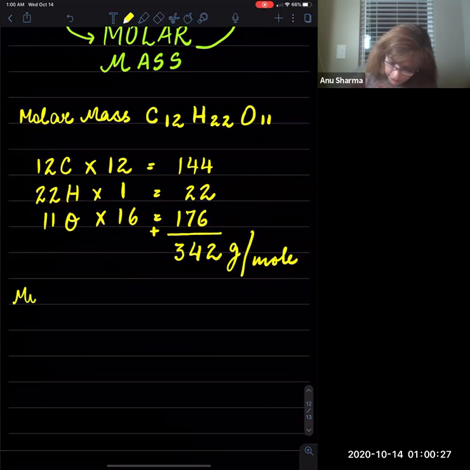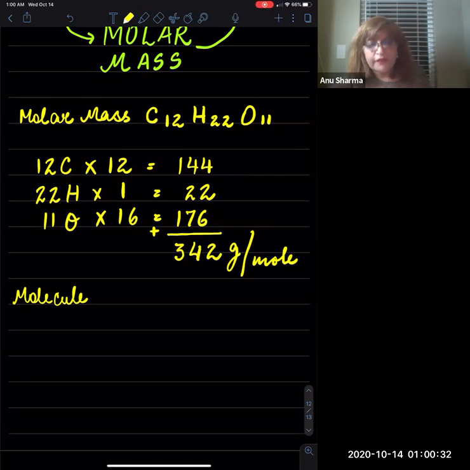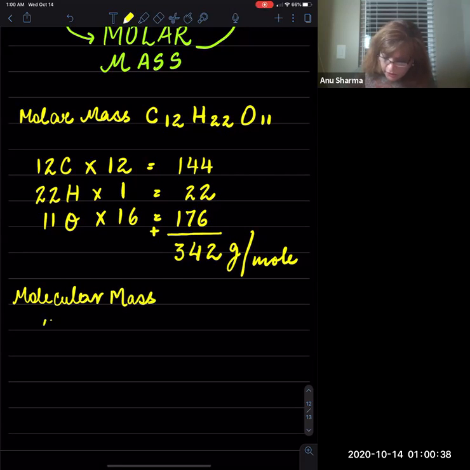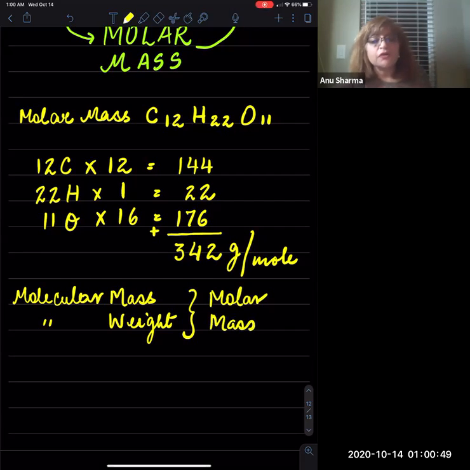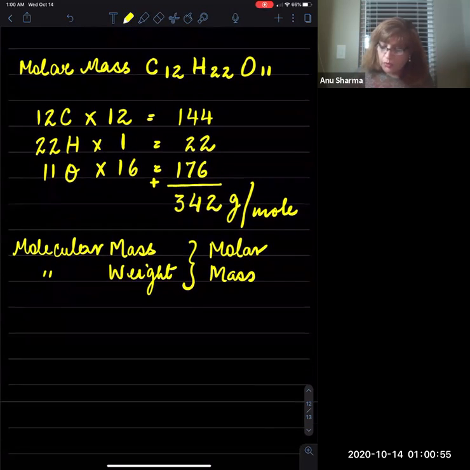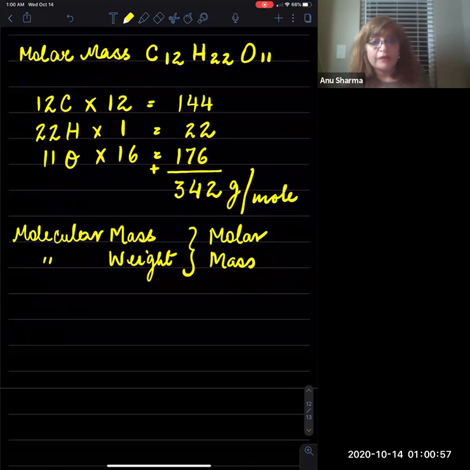Remember, in the earlier phase of this chapter, this was the molecular mass. And this molecular mass in the olden days was also called molecular weight. Now what we commonly use is molar mass, which is more exact because it gives us a sense of how many particles or how many molecules of sucrose we are dealing with, and that is contained in 342 grams.